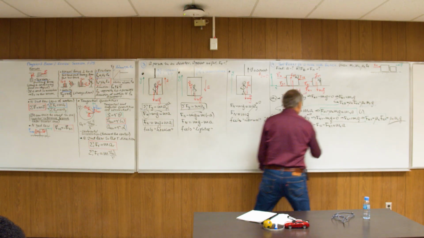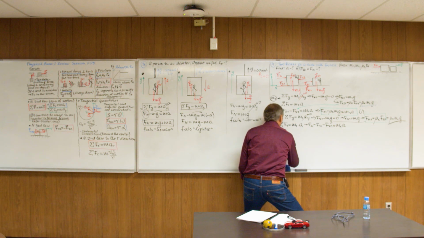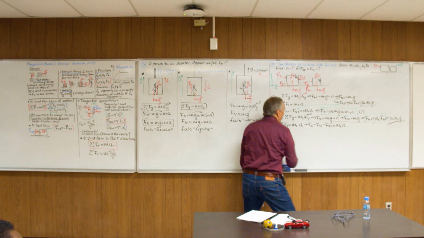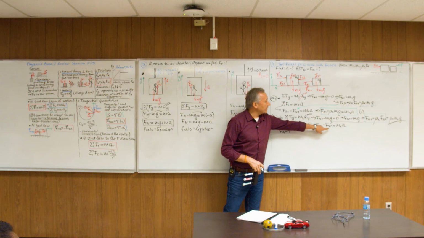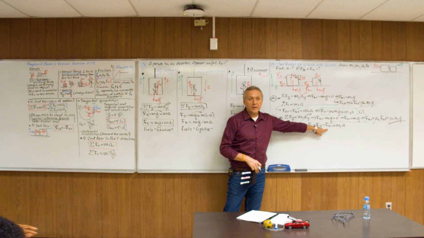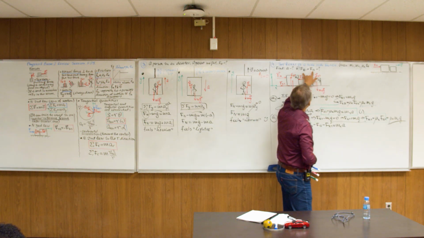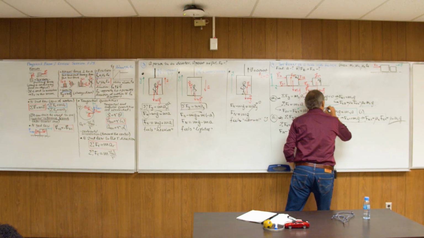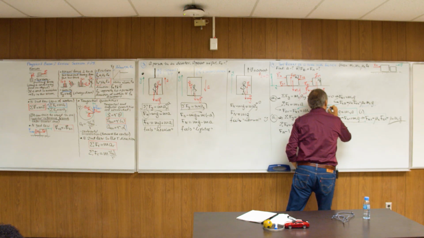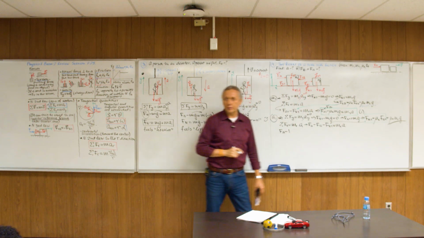Okay, so let me rewrite one more time. Fa minus F21 and F12. They're equal in absolute value. Remember, we need to apply that fact. It's Newton's third law. Over here, you see I wrote Newton's third law. So it means that over here, instead of this F21, I can write F12.